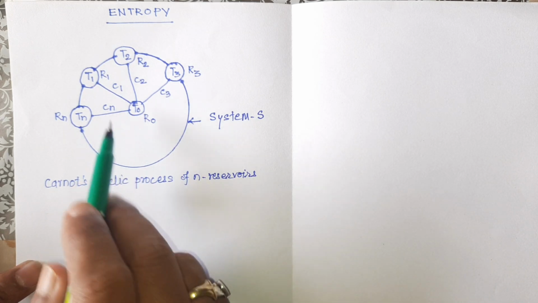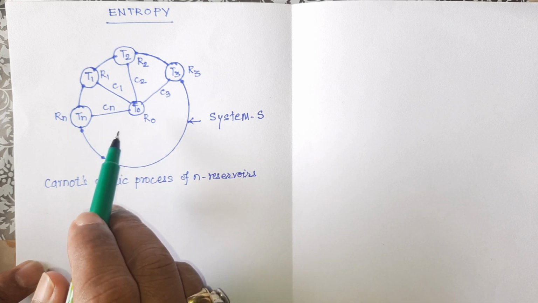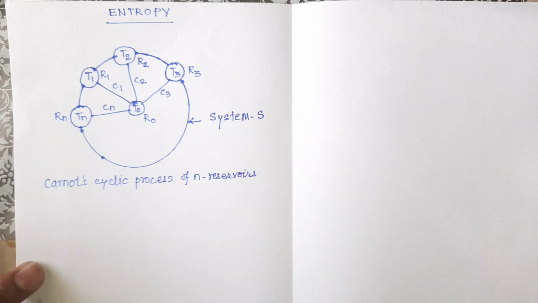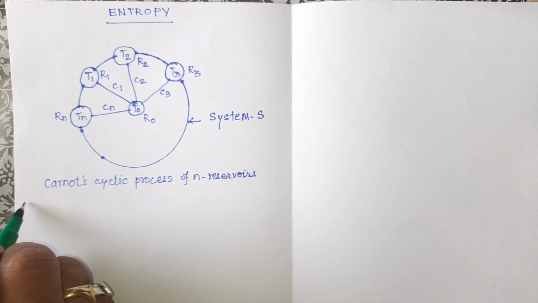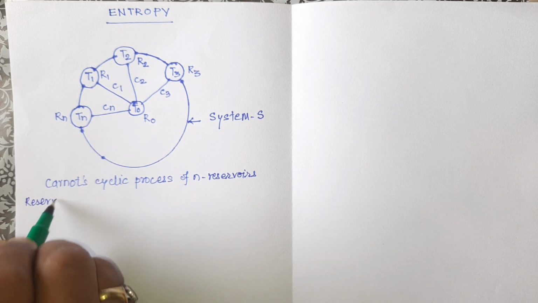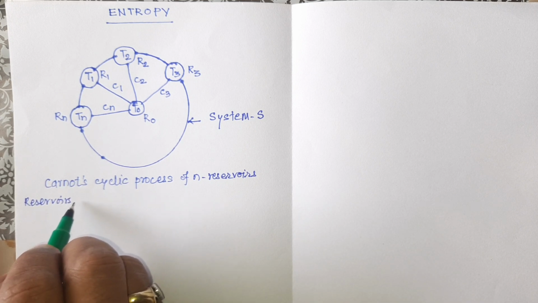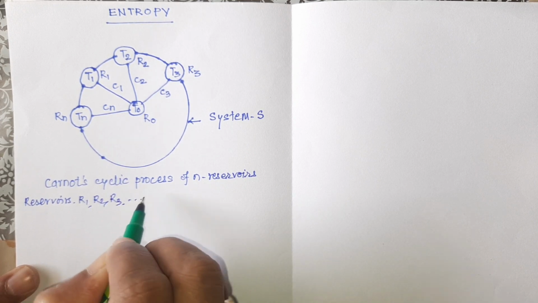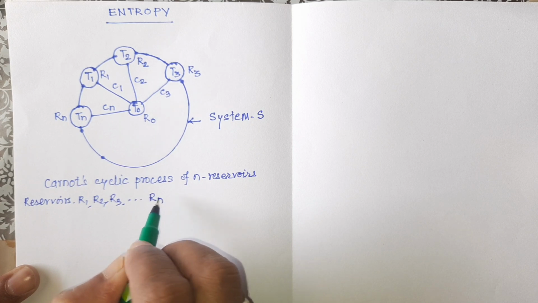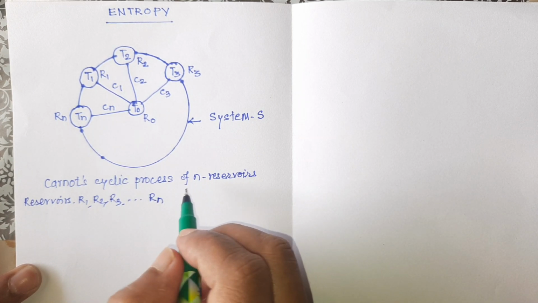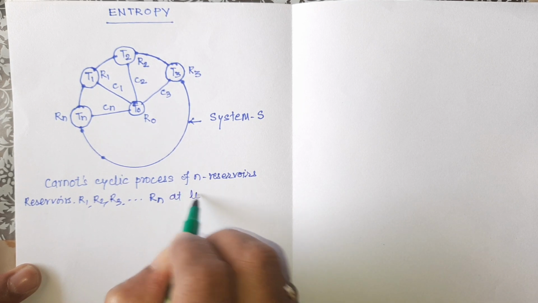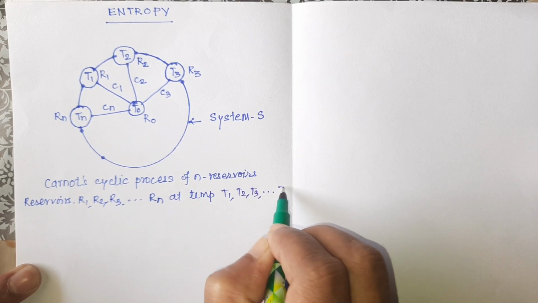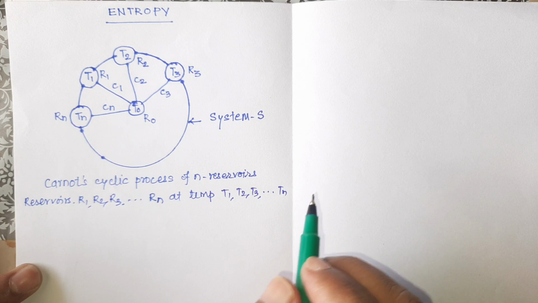They interact with a series of heat reservoirs, say R1, R2, R3 and Rn, whose temperatures, so first of all we will write the reservoirs, n number of reservoirs at temperatures T1, T2, T3 up to Tn respectively.